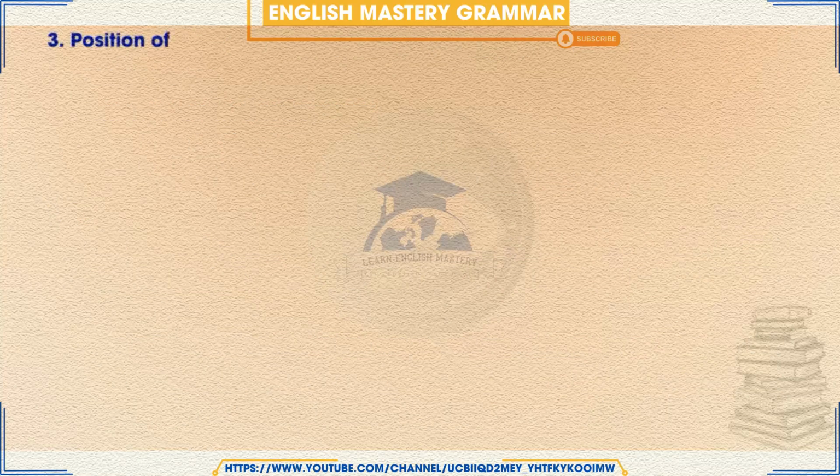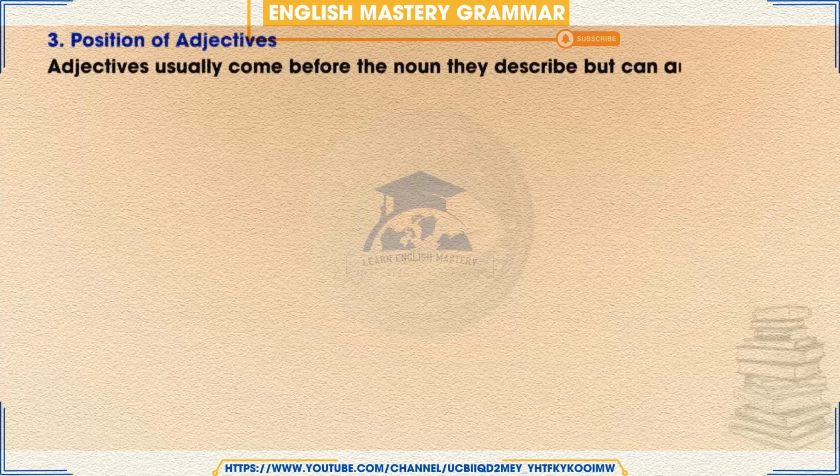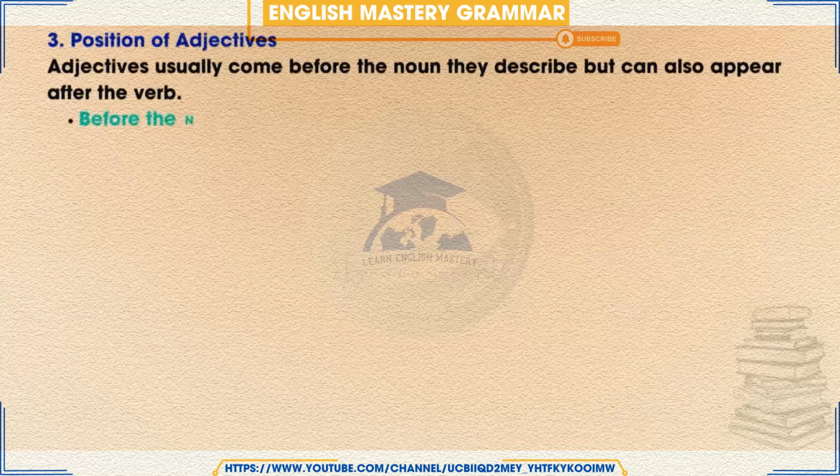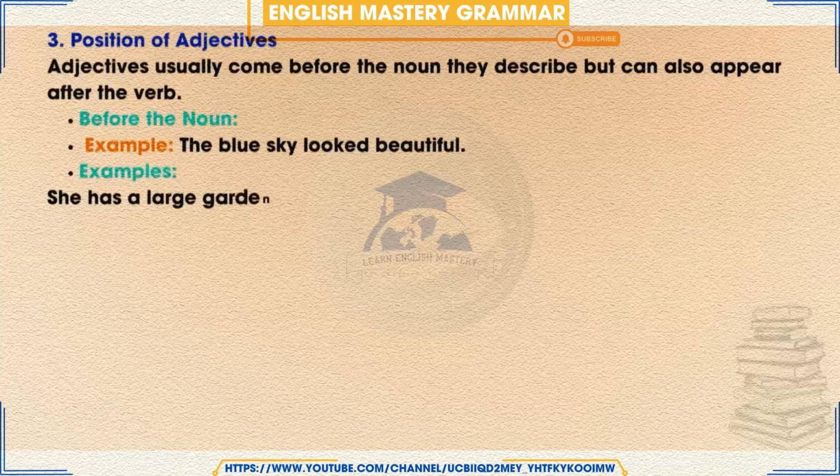Position of adjectives. Adjectives usually come before the noun they describe, but can also appear after the verb. Before the noun. Example: The blue sky looked beautiful. Examples: She has a large garden. They bought an expensive car.